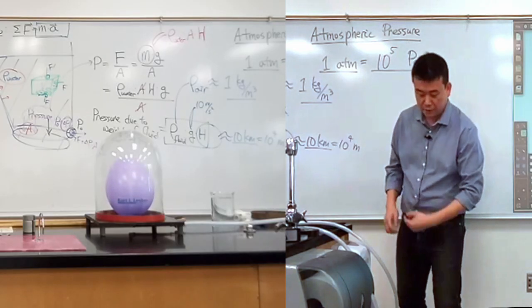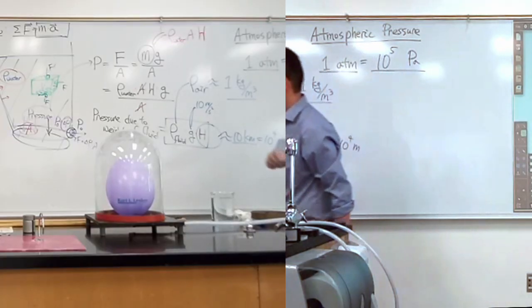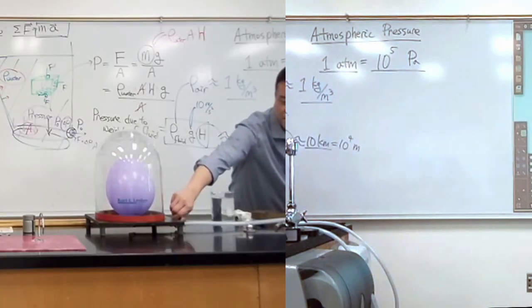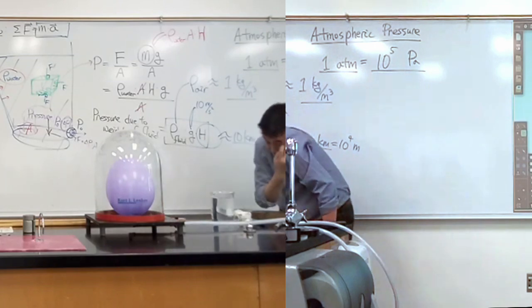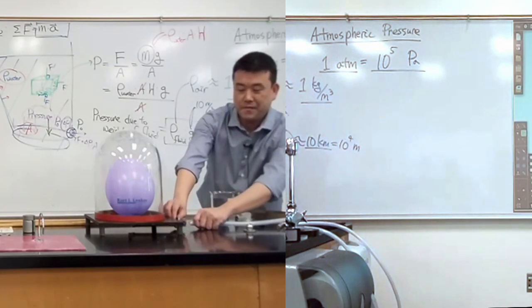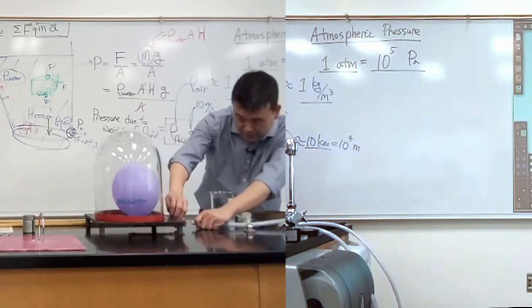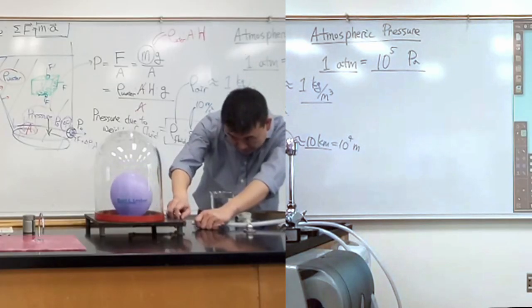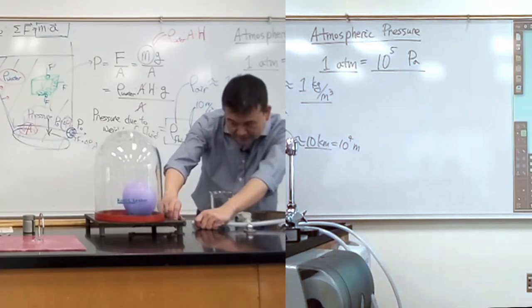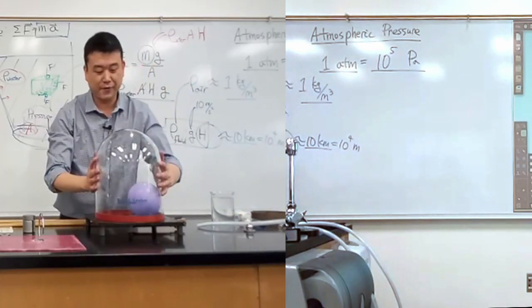Oh, sorry, it blocked the hole. Well, yeah, that's the biggest problem with this. Occasionally it blocks the hole. Okay, so I think what I need to do is orient the balloon correctly.